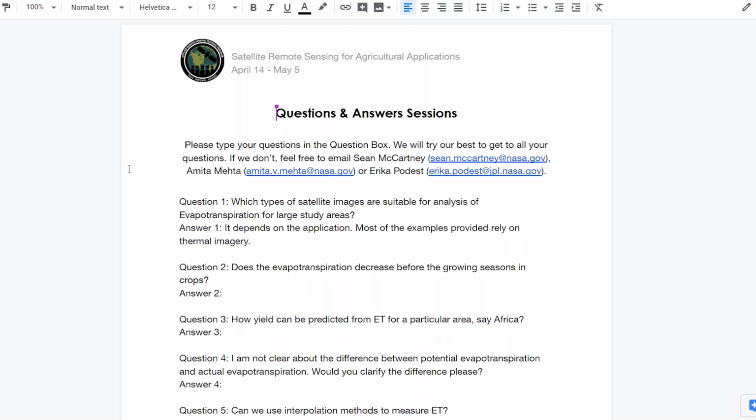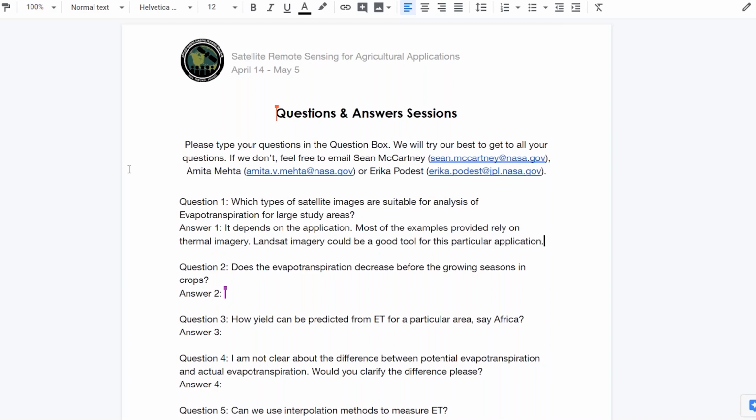If you really want to understand evapotranspiration for an agricultural application at the field scale, you really need to get down to the Landsat, 30-meter scale. So it's dependent on your application, and it's hard to answer as a general question.